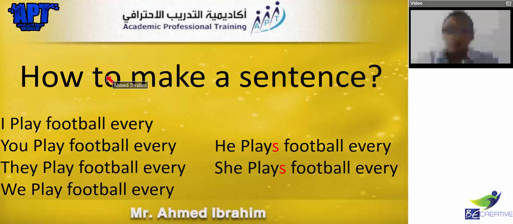Okay, how to make a sentence. Here is the idea. Present simple, as it looks from its name, is simple. So mainly all I need to make a sentence is the one who did the verb, and the verb. If you look at all the sentences, it's mainly the one who did the verb and the verb.